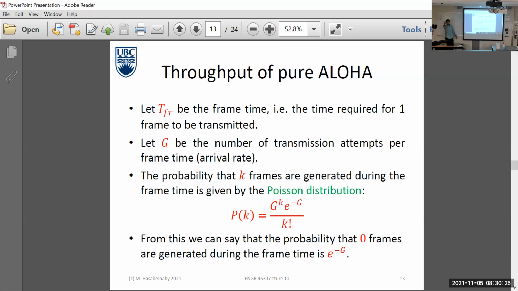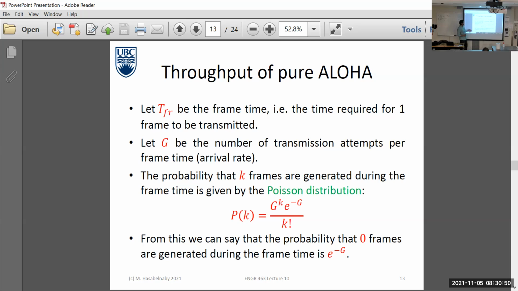So turning back to the conclusion, let's calculate the throughput of pure ALOHA. Let TF be the frame time, which is the time required for one frame to be transmitted.